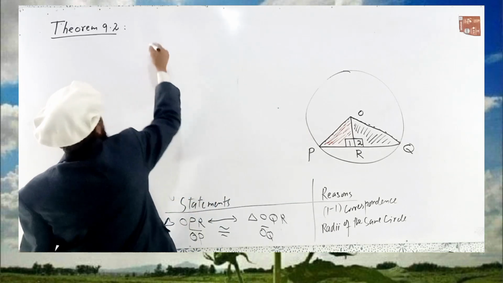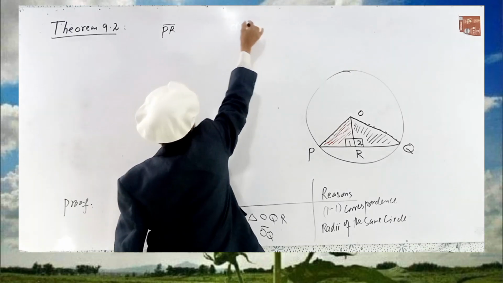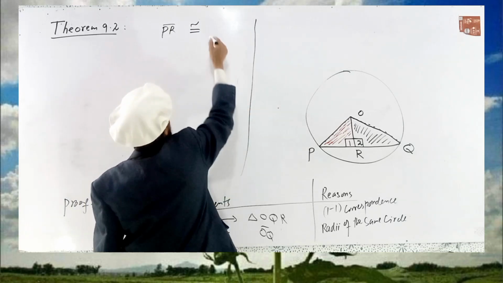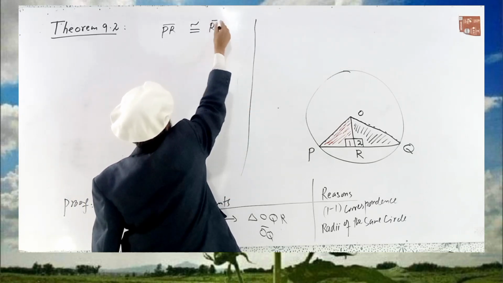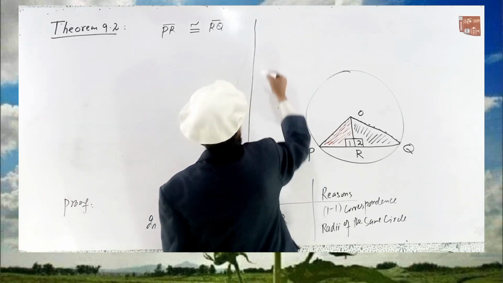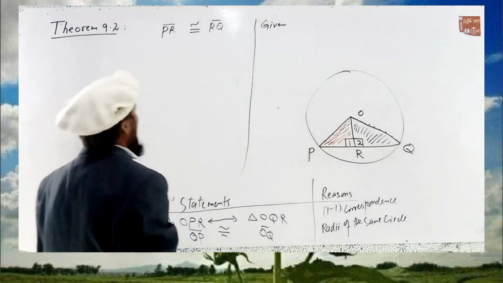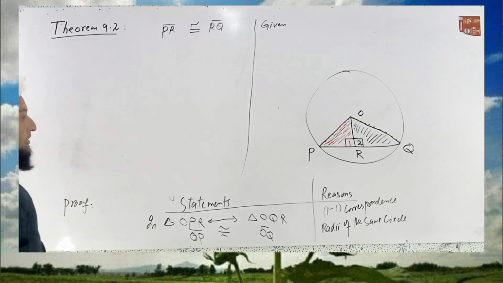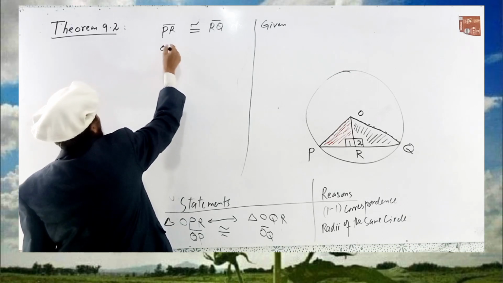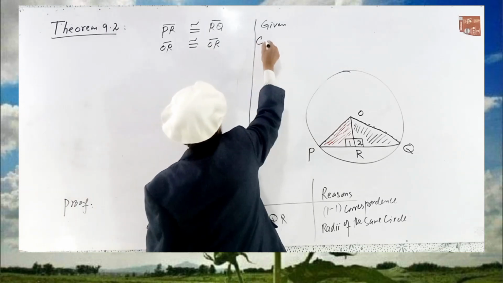PR is congruent to RQ, or QR, corresponding sides of given, already given. OR is common.